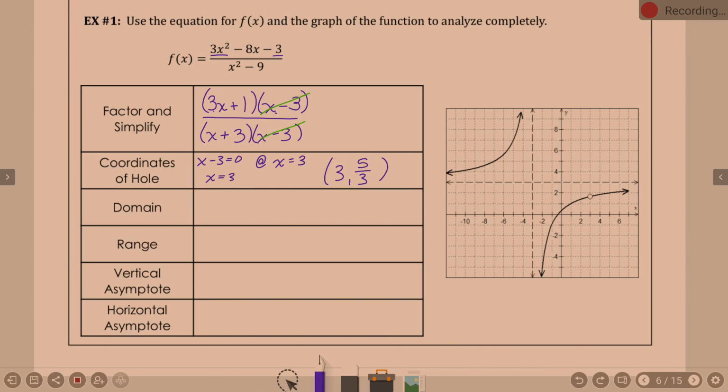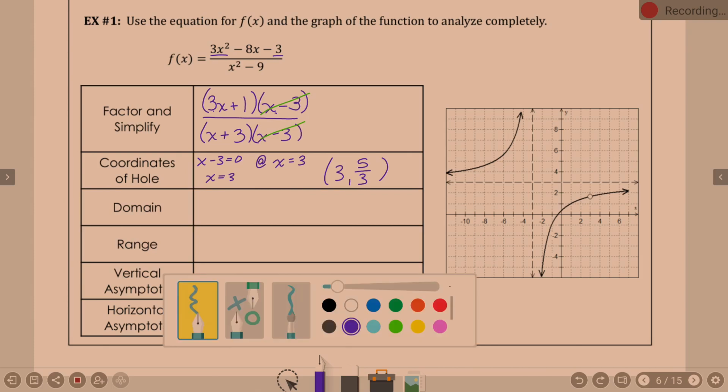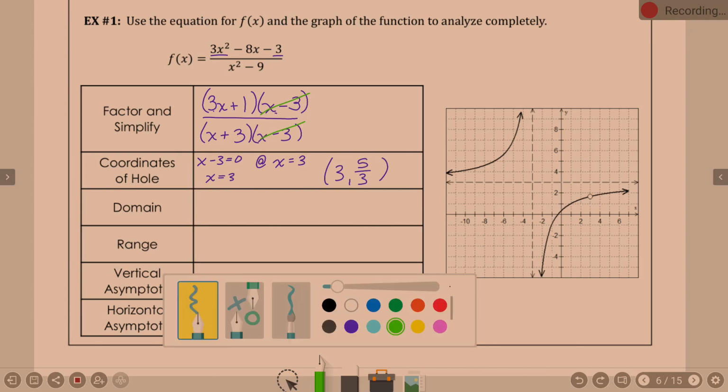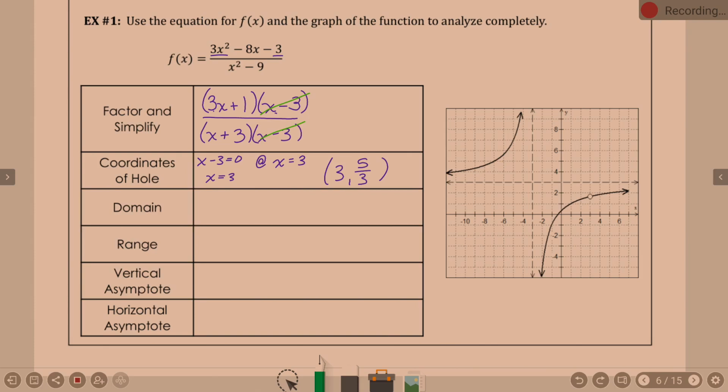Okay. Now, real quick, a little bit of vocabulary. This hole, do you remember the word discontinuity? We talked about it probably in chapter 1 in pre-calc. The hole is a discontinuity because it's a break in the graph. I can't keep drawing my graph there without picking up my pencil.